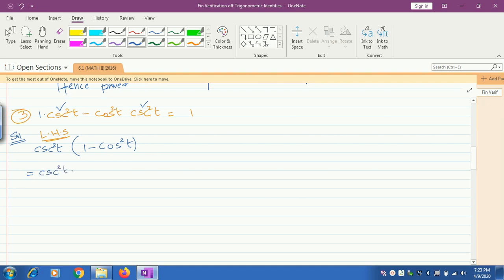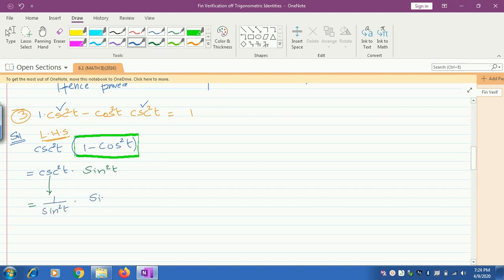Now what is this one actually? Cosec square t, and 1 minus cosine square is sine square t, right? This is a very important thing. And cosec square t can be written as 1 over sine square t.